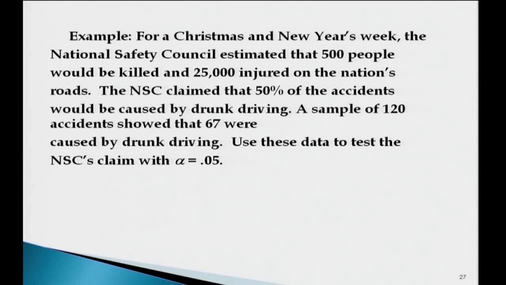I hope you understand, this is not an average information, this is a certain characteristic out of the total that the sample possesses. So, 67 out of 120 is the proportion of accidents due to drunk driving. It was expected that it would be 50%, here it is slightly more, 67 by 120, please calculate how much it is.